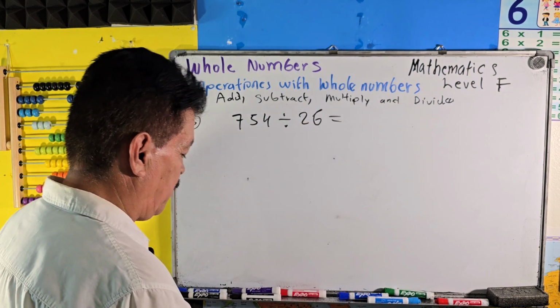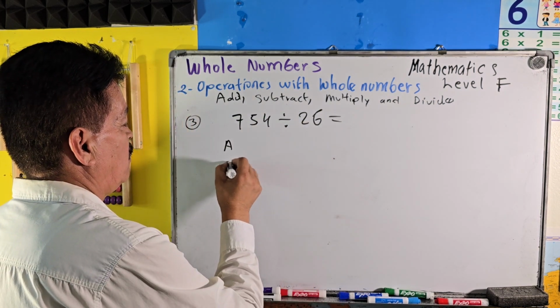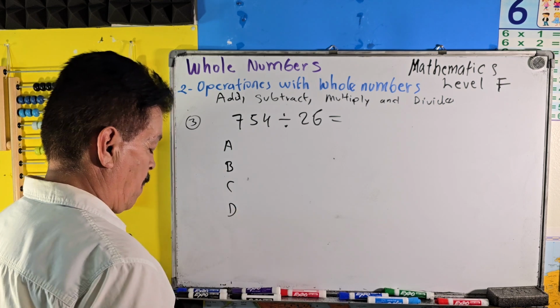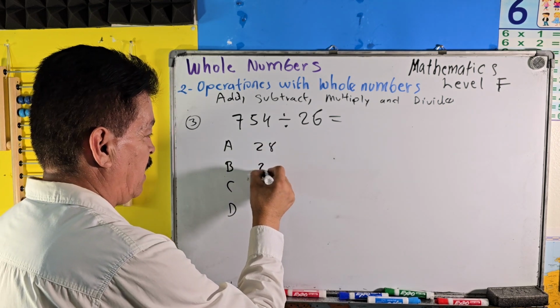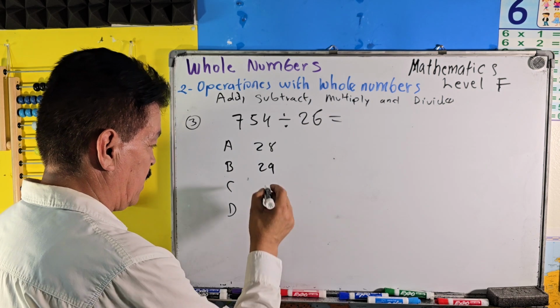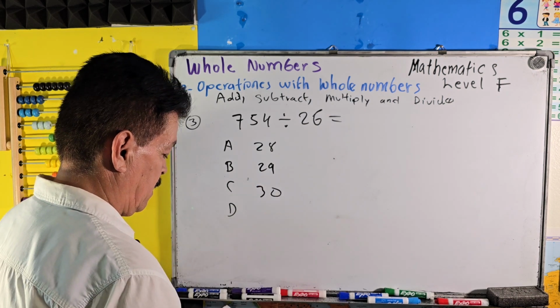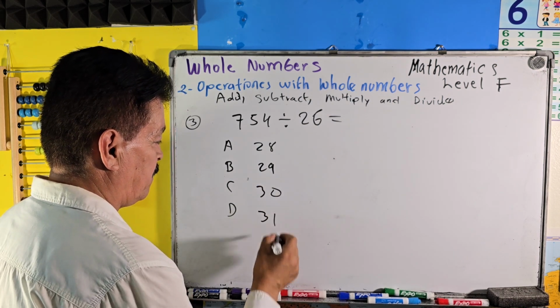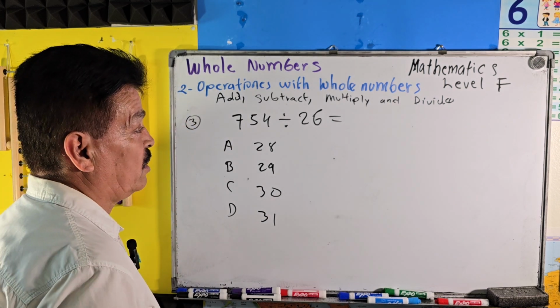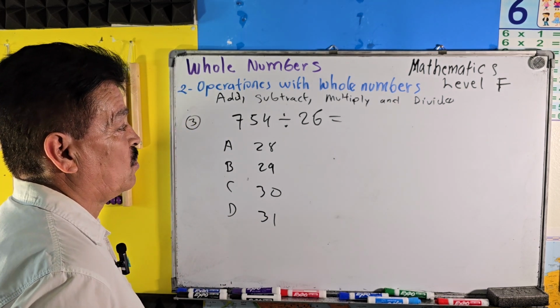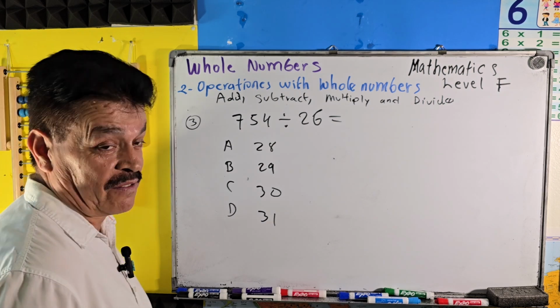So of course we will have 4 possible answers. The first one is 28. The second one, 29. The next one, 30. And the next one, 31.